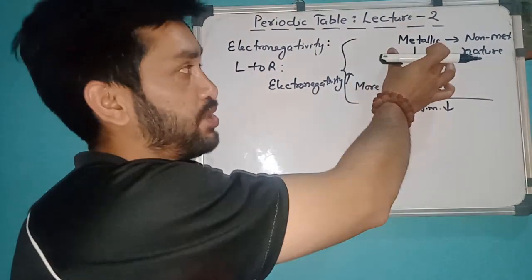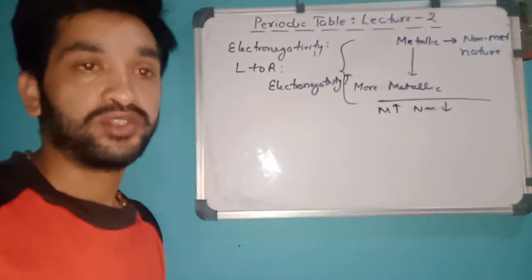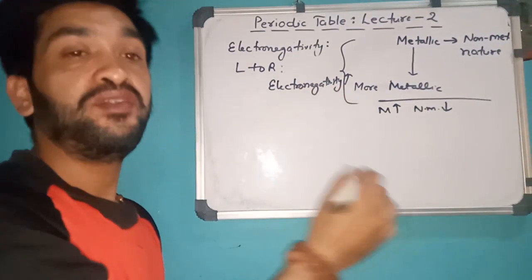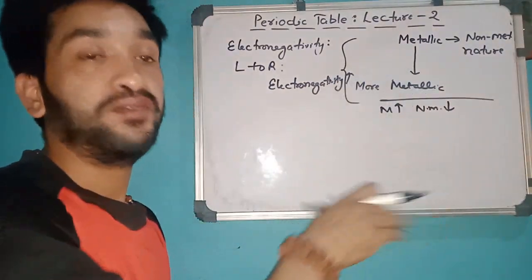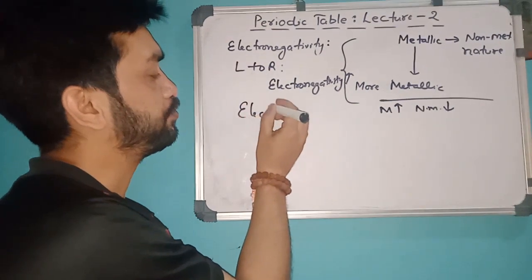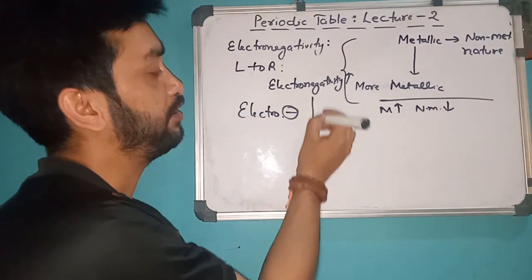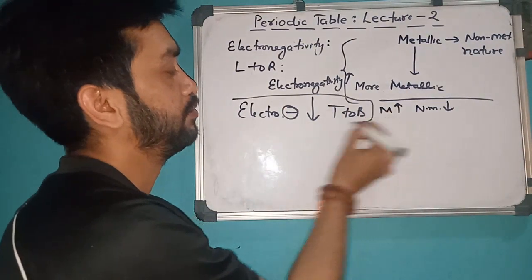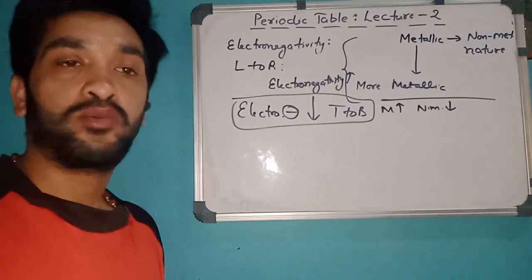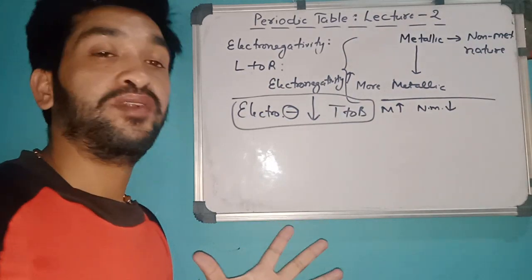Metals are electropositive. More metallic, more electropositive. It means electronegativity will decrease. Electropositive character will increase, but electronegativity will decrease. So what you have to write is: electronegativity decreases when you move from top to bottom.